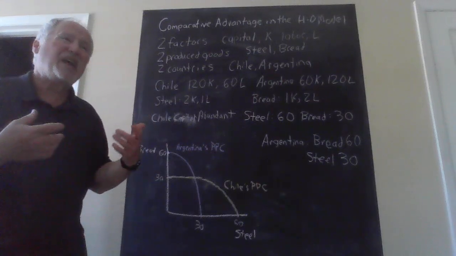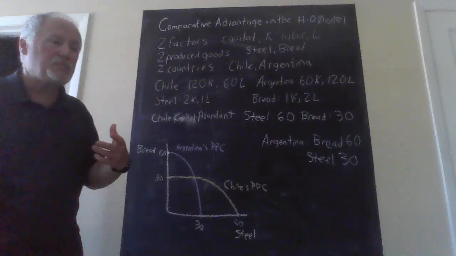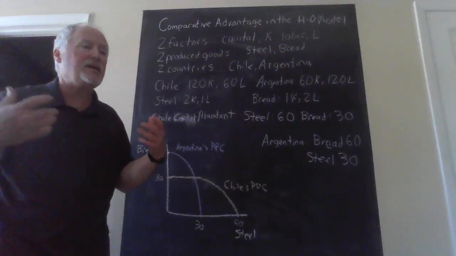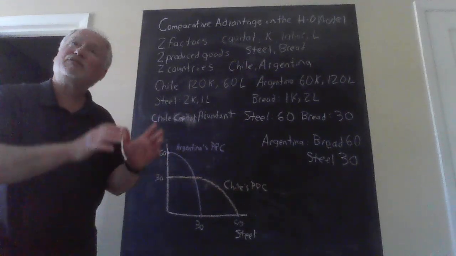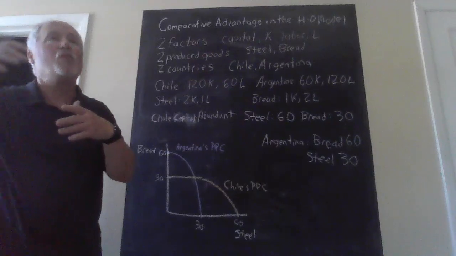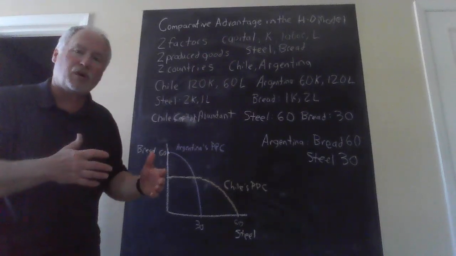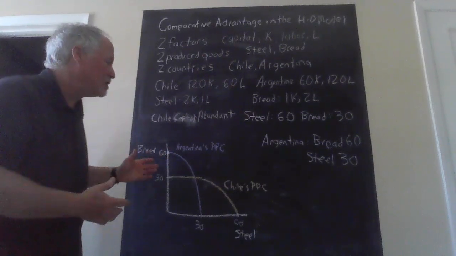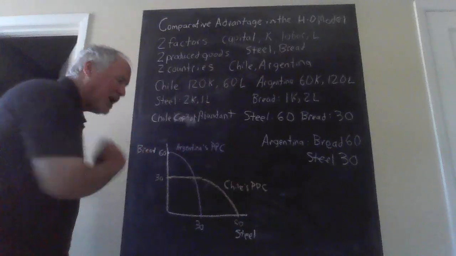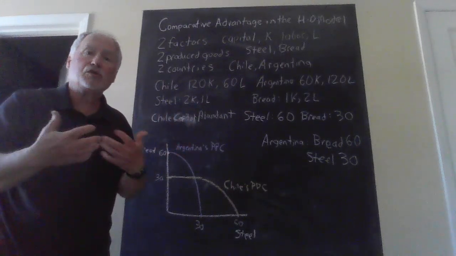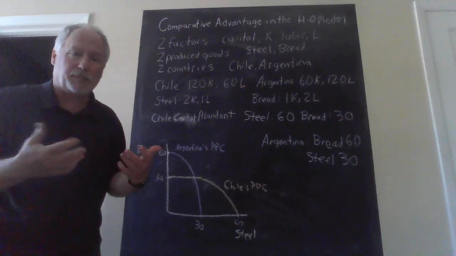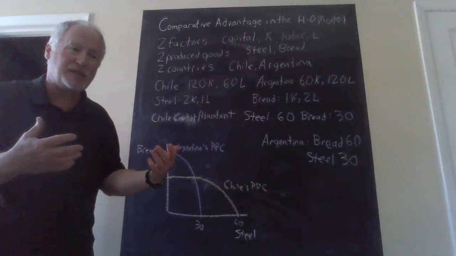So we still have the principle of comparative advantage applying here, in that when Chile specializes and relatively speaking produces more steel than they would in autarky, and when Argentina produces more bread than they would in autarky, there are still gains to both countries from specializing and trading.